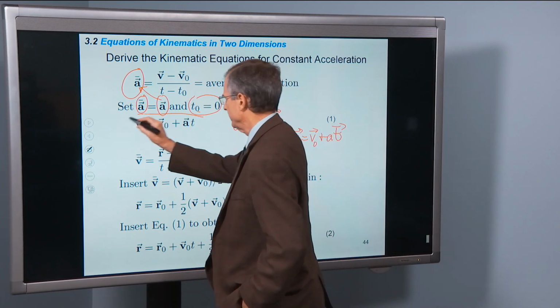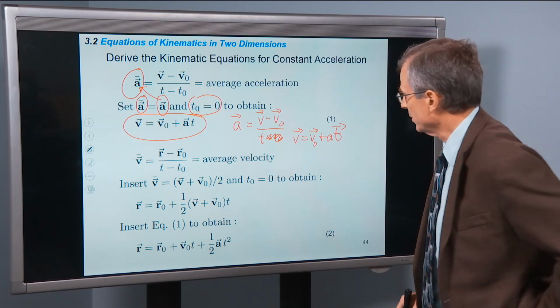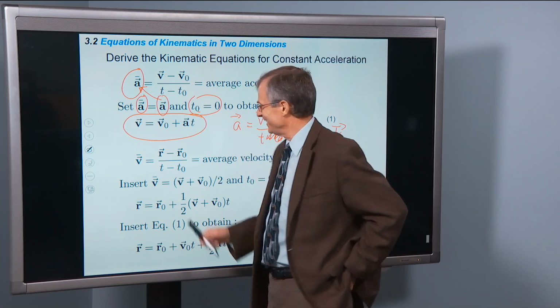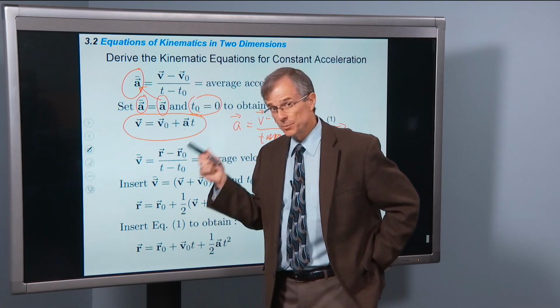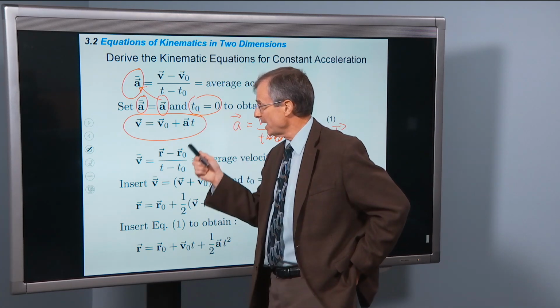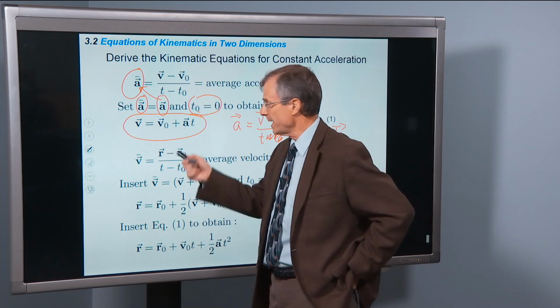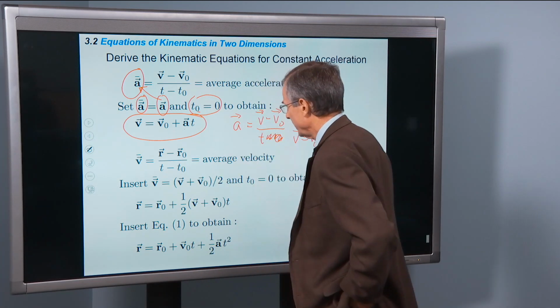That's this equation. That's the first of 2 kinematic equations for constant acceleration. Why is it useful? Well, it tells you that if you know the initial velocity and you know the acceleration, which is constant, and you know the time, then you know the final velocity. It comes right out of that equation. And you'll solve a bunch of problems like this.